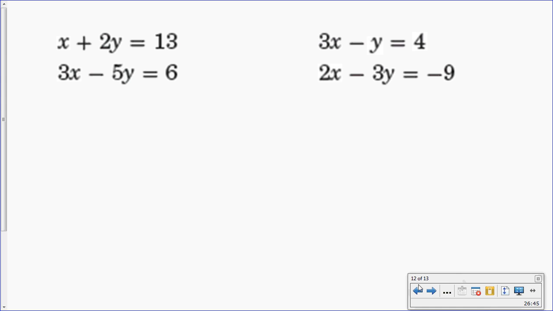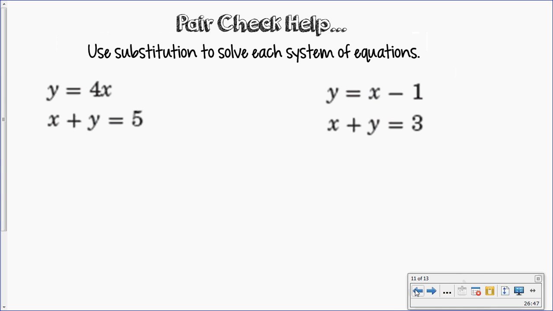Okay, let's look at the first two on the pair check. Use substitution to solve each system. And what would you do on this one first? That's a substitute for y right there. That gives me what?